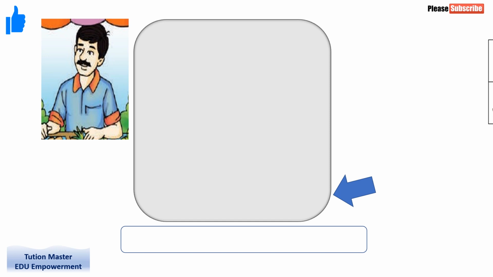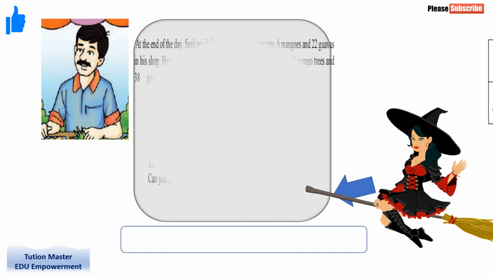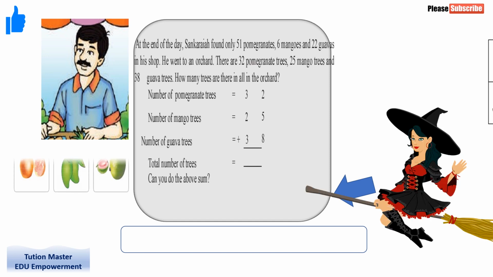Coming back. So at the end of the day, Shankaraya found only 51 pomegranates, 6 mangoes, 22 guavas in his shop. So where did he go? He went to the orchard. There he found 32 pomegranate trees, 25 mango trees and 38 guava trees. How many trees are there in all in the orchard?